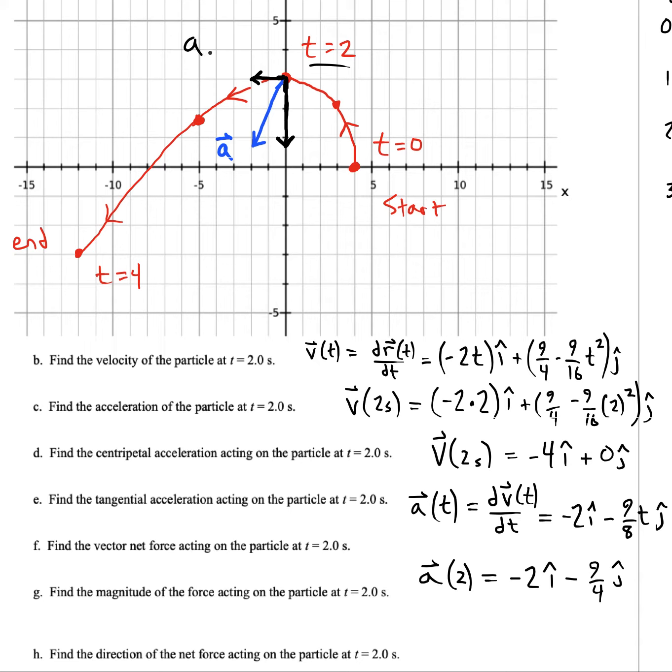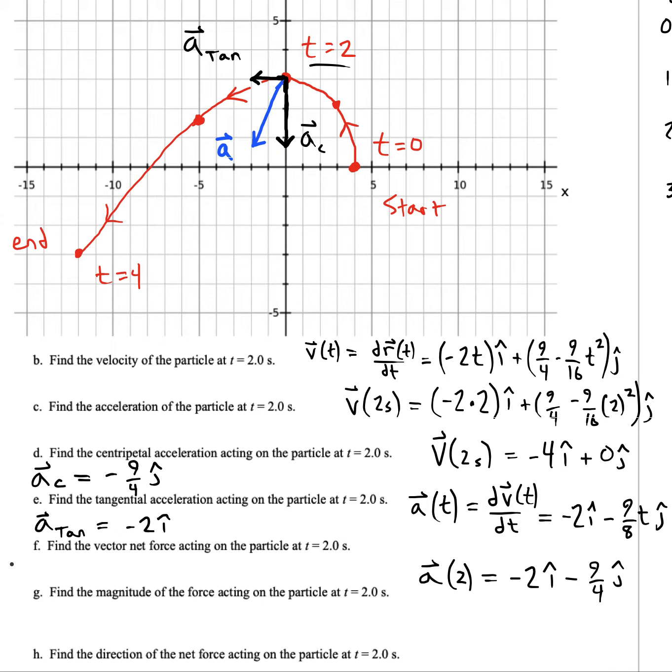Then over here we have a tangential component of acceleration, and over here we have a c, the centripetal component. So if we want to give a number for it, a c is negative 9/4 j, and a tan is negative 2i.